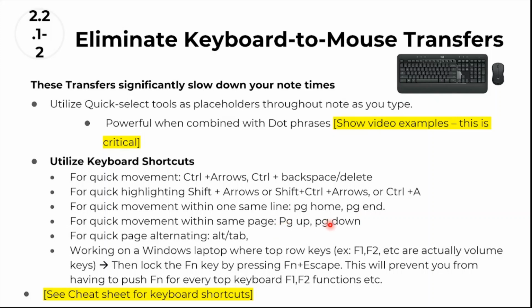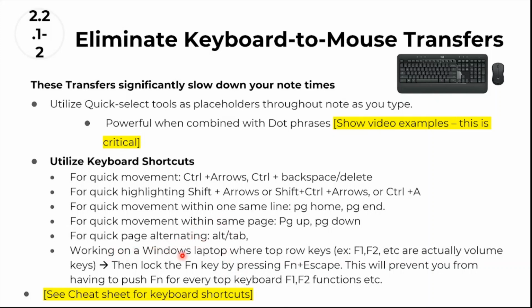Now, these are things that are going to take some time to get adjusted to, so I just want you to adjust to them. In addition, I will not portray this here, but if you hit your Alt and Tab key at the same time, that will help you switch between screens, and that will get you through different screens much quicker. And that's something once you play around with it, you're going to figure it out.